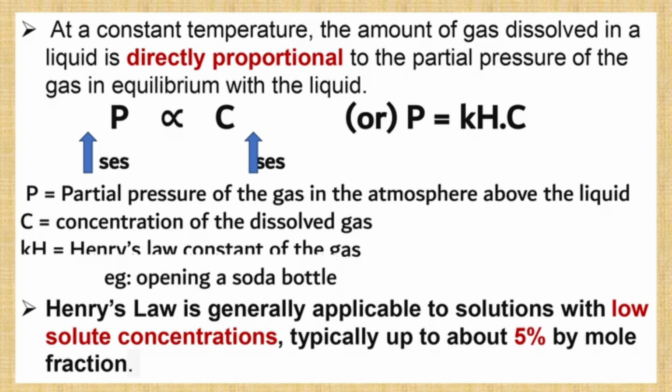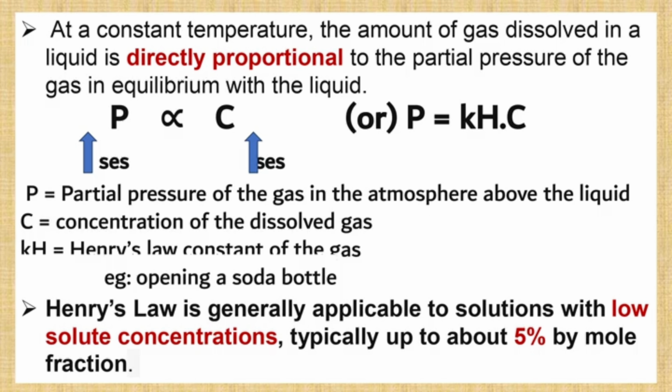What the components are, I described here, you can just check it. For the equations, we want to know what is directly proportional and what is inversely proportional. We can expect questions based on this, or questions on what Henry's law is based on.